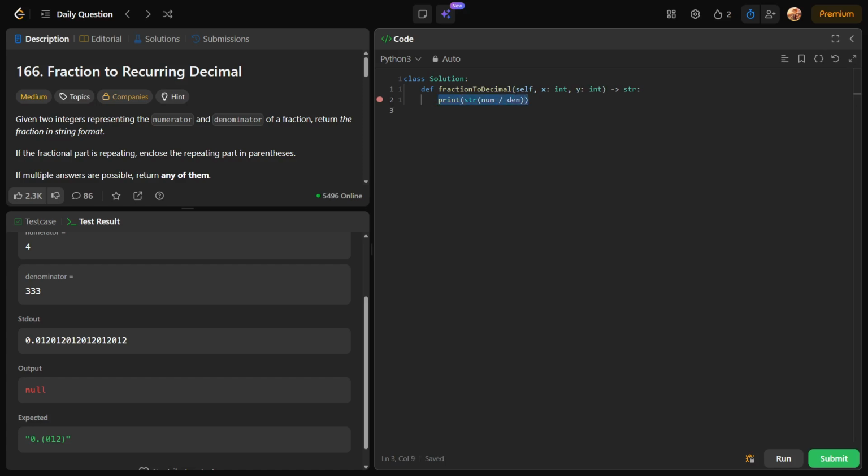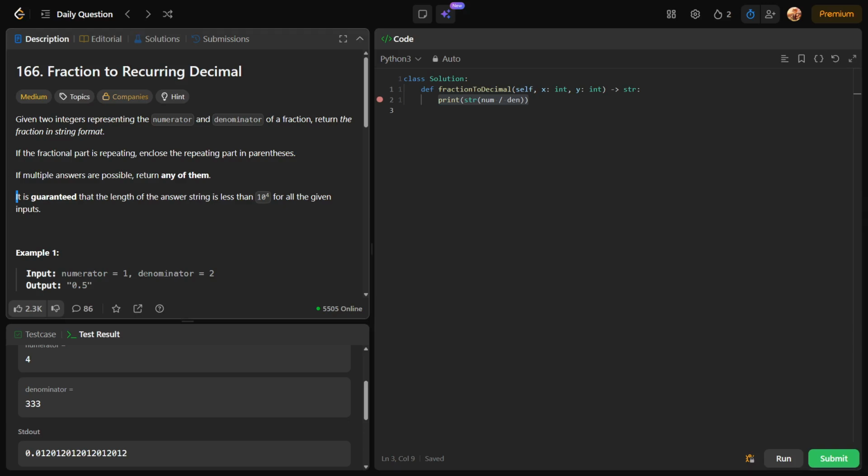Okay, so what do we do here? It's guaranteed that the length of the answer string is less than 10 power 4.